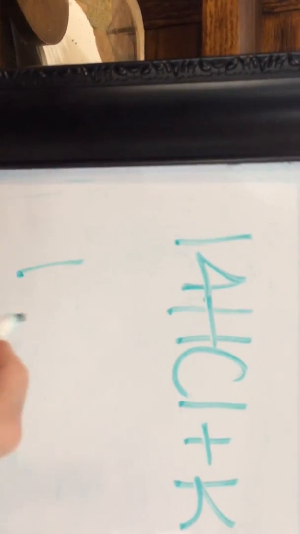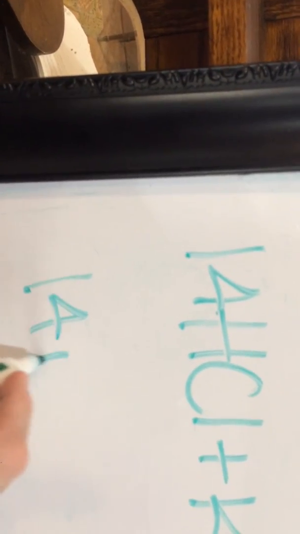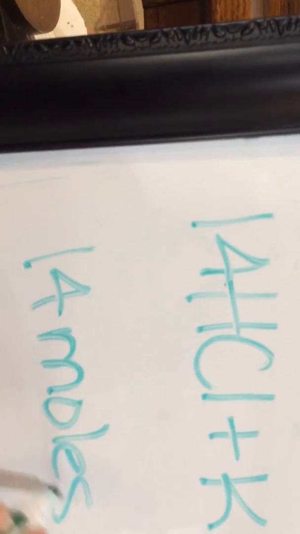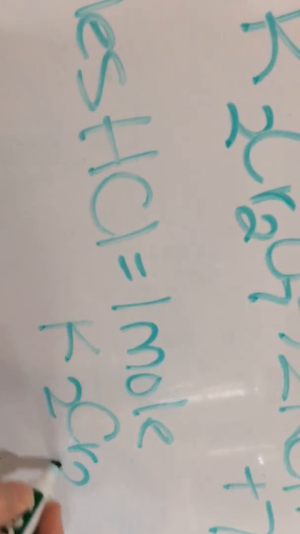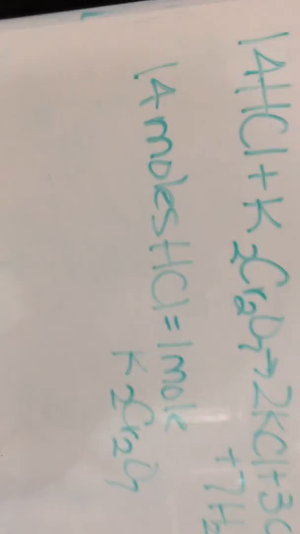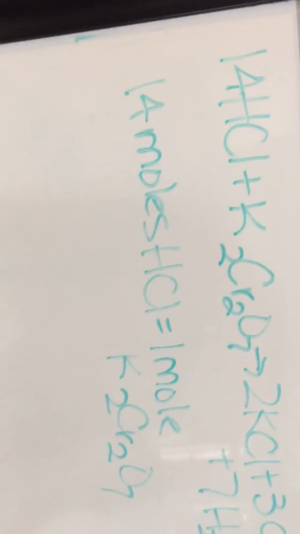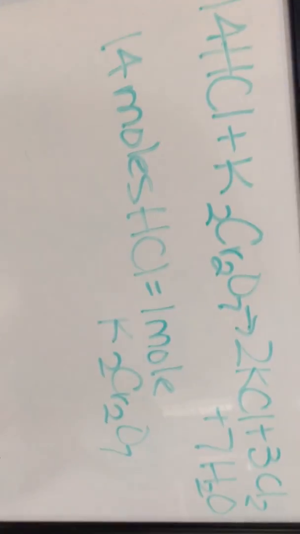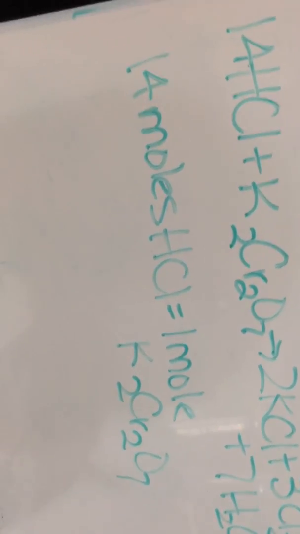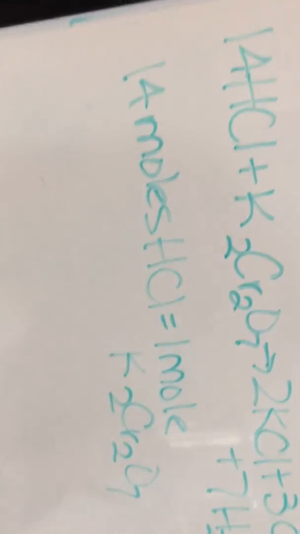We can relate these things in moles. That's how we relate. We know there are 14 moles of HCl equal to 1 mole of K2Cr2O7. Okay, so if he puts 15 moles of HCl and 1 mole of K2Cr2O7, what is going to be the limiting reactant?